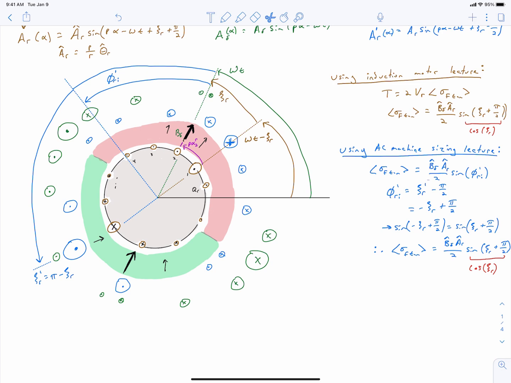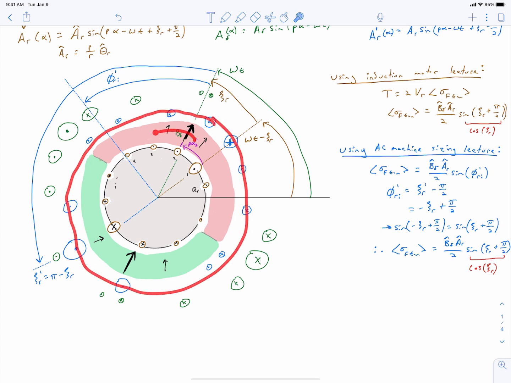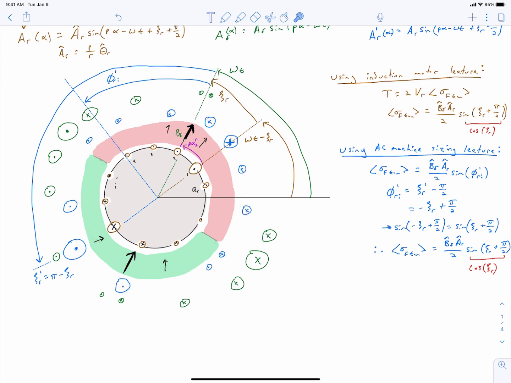And you can see that when we've done this, we end up getting the exact same expression for our shear stress in the air gap of our machine. So we end up getting the same expression for torque if we study the machine as having this blue linear current density interacting with this magnetizing field, as we get when we consider the rotor as having this brown linear current density interacting with the same magnetizing field.